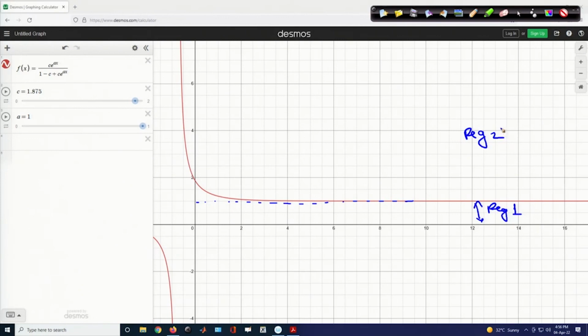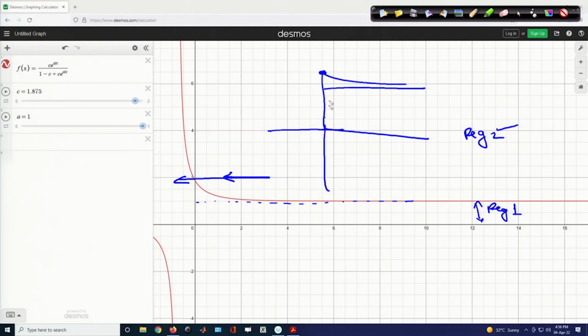So, region 2 holds true for negative time also, because what we drew was this, and then we extended it like this. Here you see, you start, go up, and then you go up in negative direction.